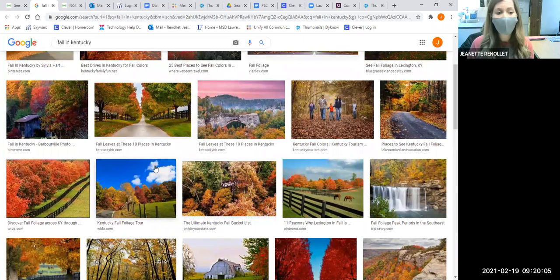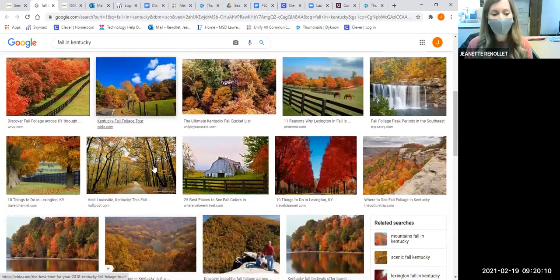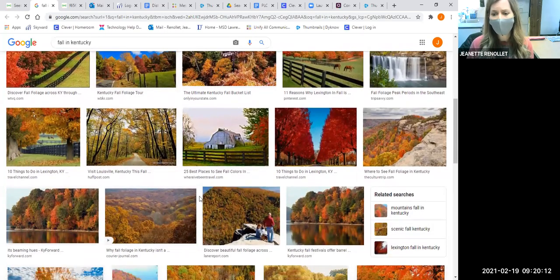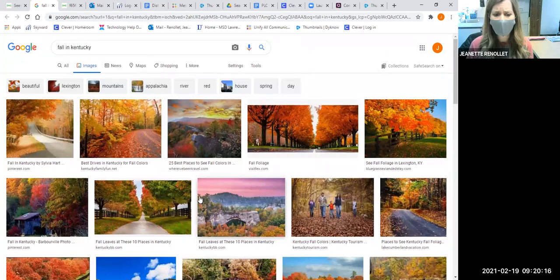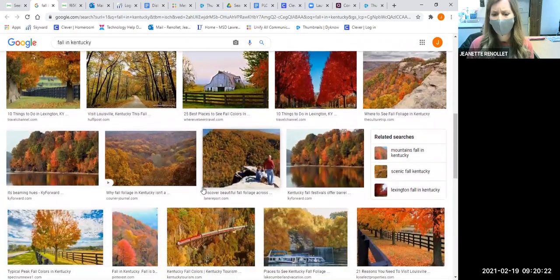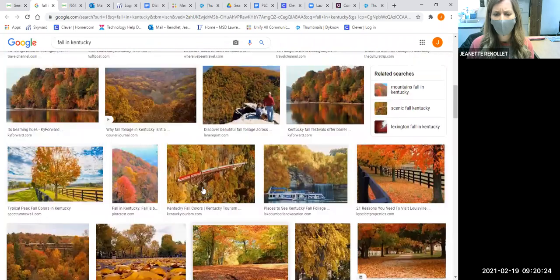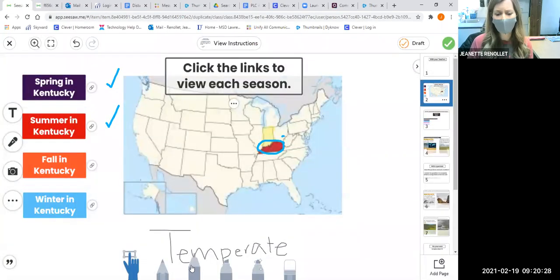There's lots of orange, yellow, red. I still notice some green vegetation. I also notice the skies look a little more cloudy, not as sunny. Now we have explored fall in a temperate climate.